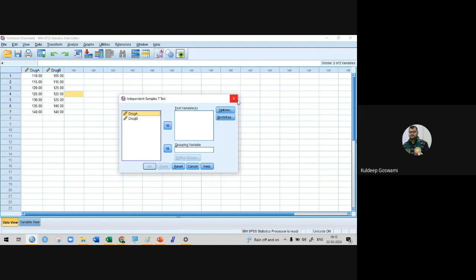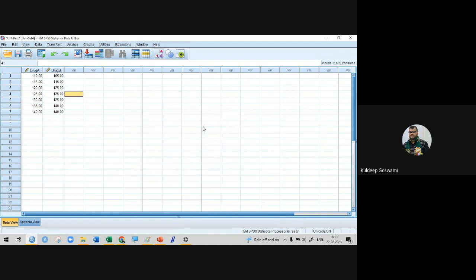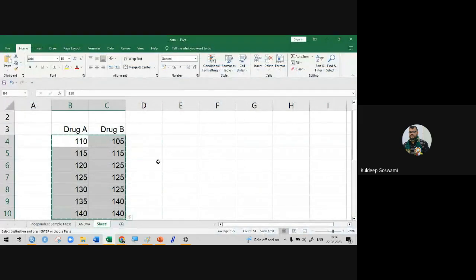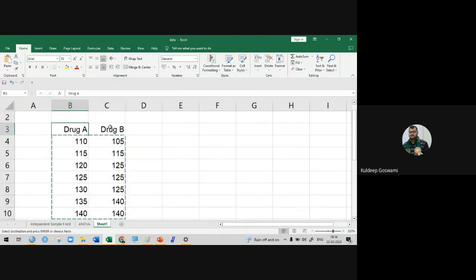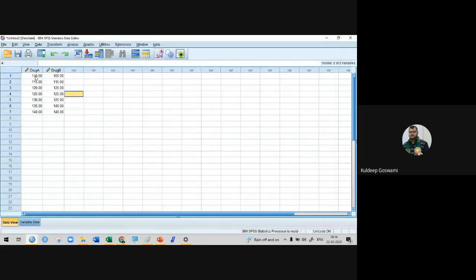Generally, whatever we get from the sample survey or from primary data, when we are making the database, we have to be careful. From primary collection of data, we make a table like drug A, drug B, but in SPSS you can't do analysis like that.